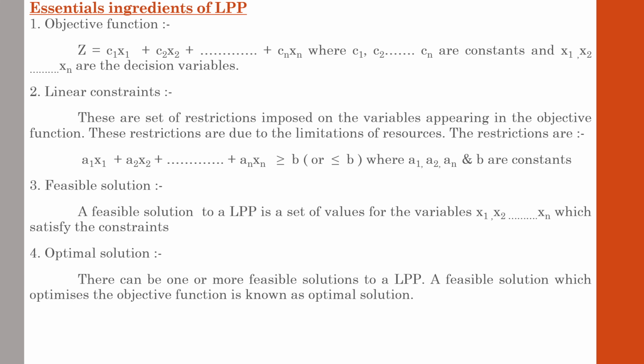Next, let us study in detail how a mathematical model with regard to an LPP is prepared. There are a few steps with regard to that. Sometimes you may find it confusing with regard to the theoretical aspect.